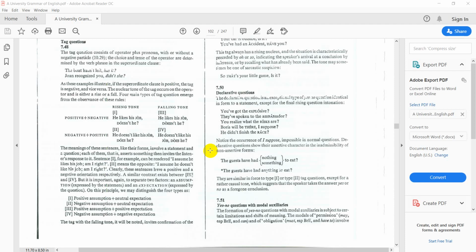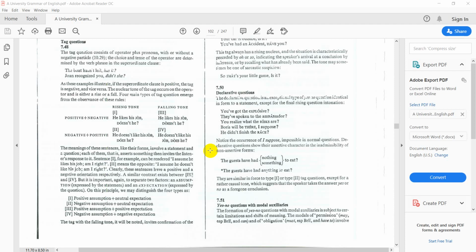Because they are declarative sentences, it is not accepted to use non-assertive forms with them. In nature, they are not questions, they are statements. So usually we use assertive forms with them.